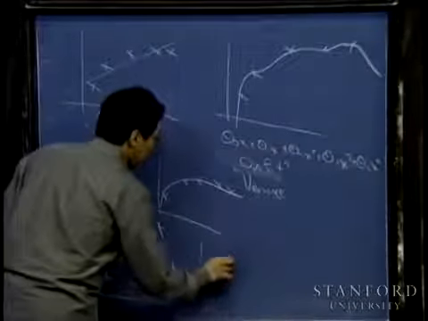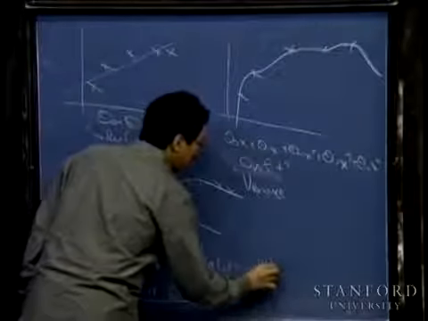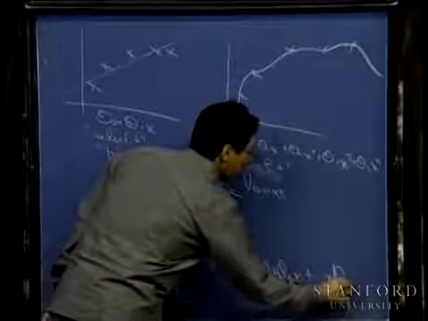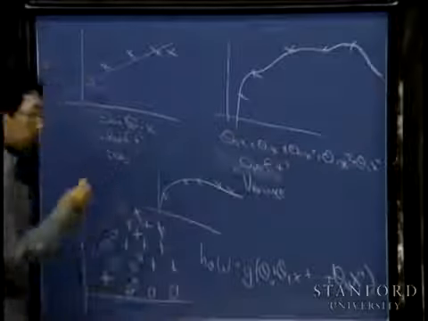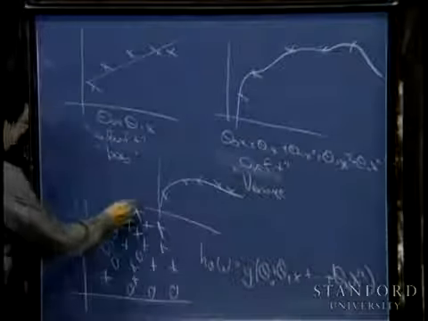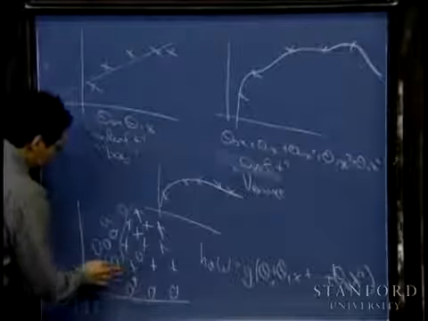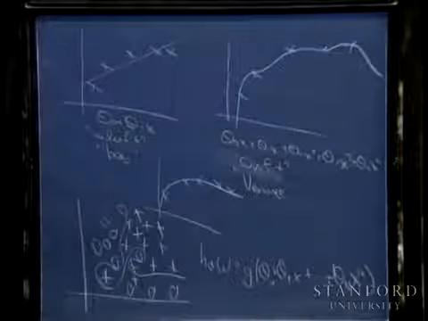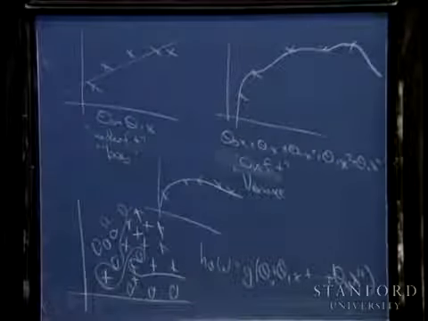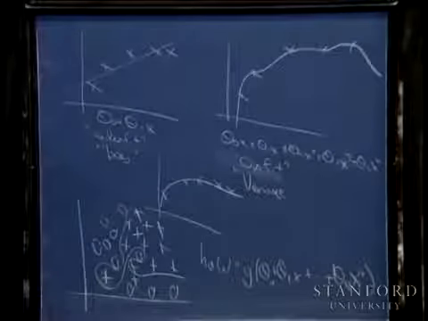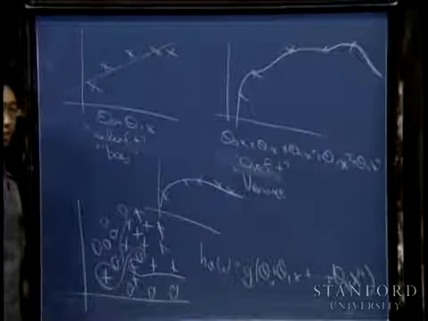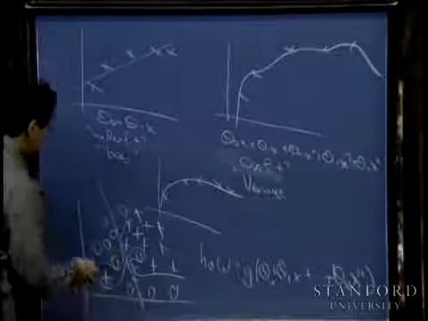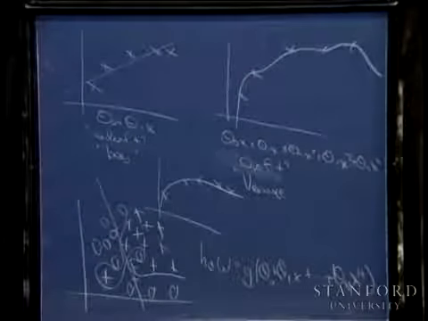So h of theta of x equals the sigmoid function applied to a 10th order polynomial. And if you do that, maybe you get a decision boundary like this. That does indeed perfectly separate the positive and negative classes, but this is another example of overfitting. In contrast, if you fit logistic regression to this model with just the linear features, with none of the quadratic features, then maybe you get a decision boundary like that, which can also underfit.